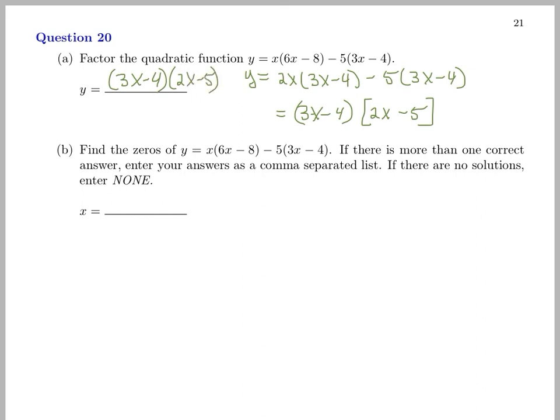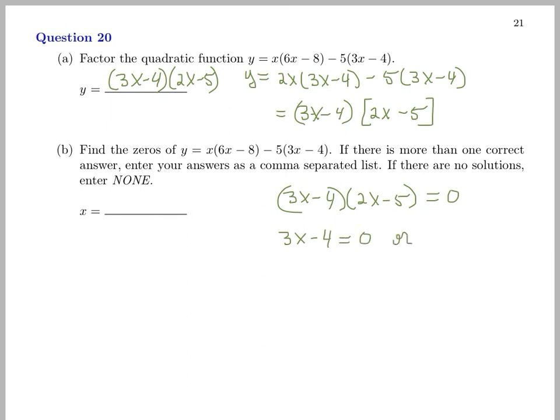And then we want to find the zeros of y equals 3x minus 4 times 2x minus 5, so that means we want to find the solutions of 3x minus 4 times 2x minus 5 equals 0. But the only way a product can be 0 is if one of the factors is 0.